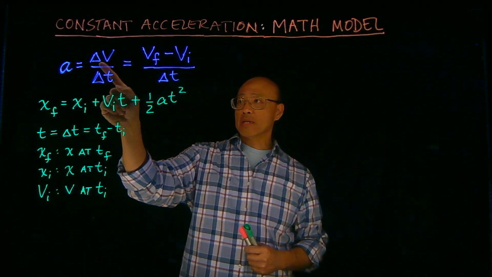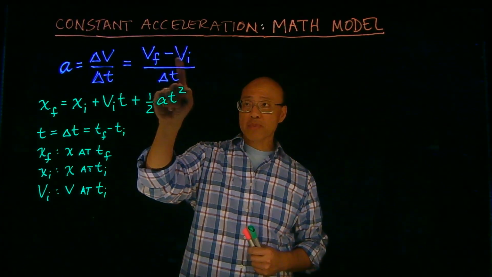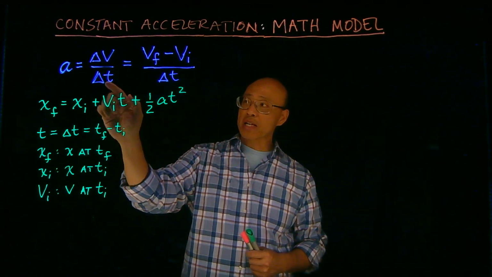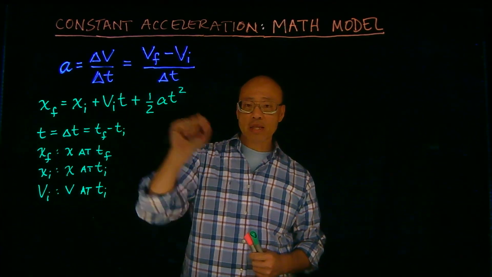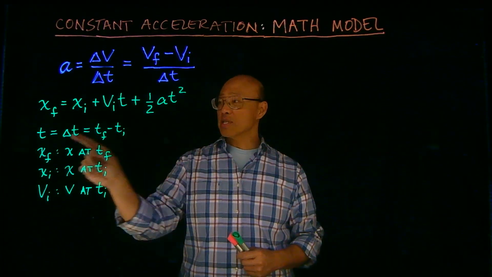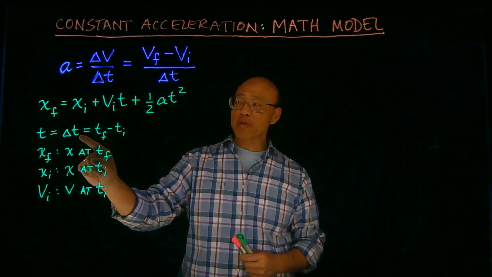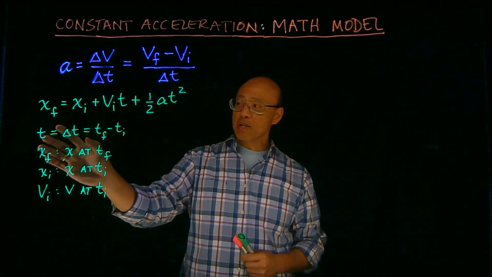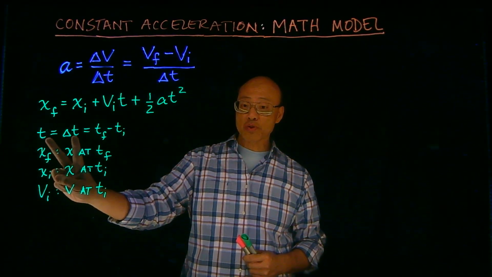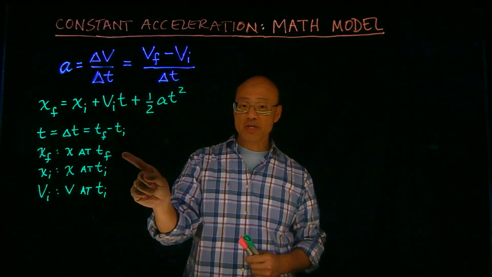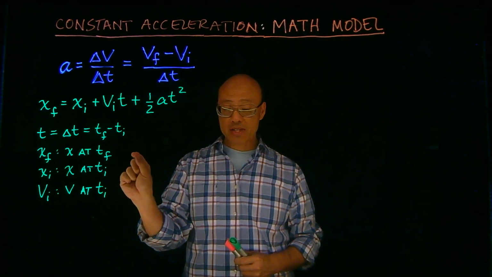And as a reminder, the deltas are really a final minus initial. I'm not going to write final minus initial over and over again. I'm just going to keep delta t over at the bottom. Remember that delta t can often be written as just t. But whichever version you choose, it always represents a time interval between some initial time and some final time.